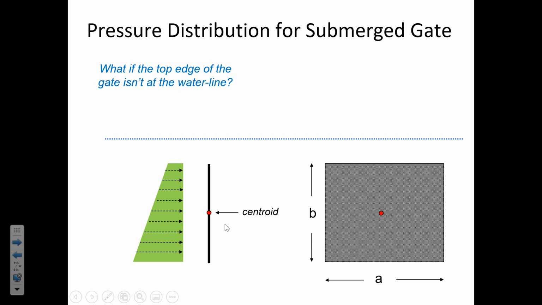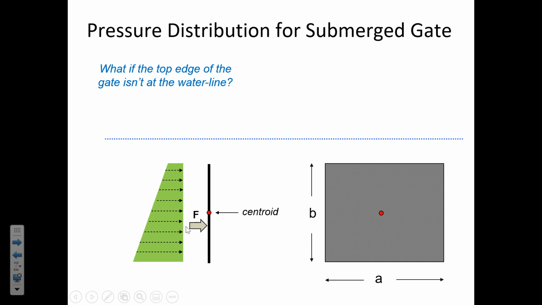So finding the location of the equivalent hydrostatic force isn't as easy as saying it's 1/3 of the way down the gate. That only applies if the gate was up to the top of the water surface. So we have to have a more generalizable approach to finding the location of the hydrostatic force.